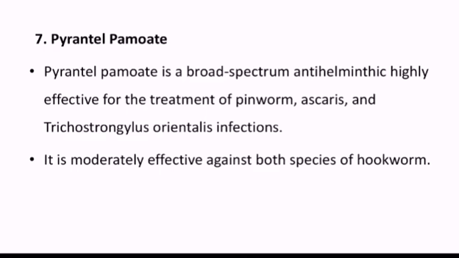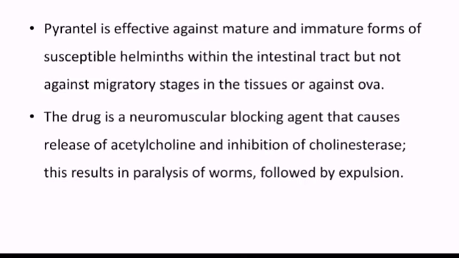It is moderately effective against both species of hookworm. Pyrantel pamoate is effective against mature and immature forms of susceptible helminths within the intestinal tract, but not against the migratory stages in the tissues or against the ova. So it is effective only for helminths in the intestinal tract.